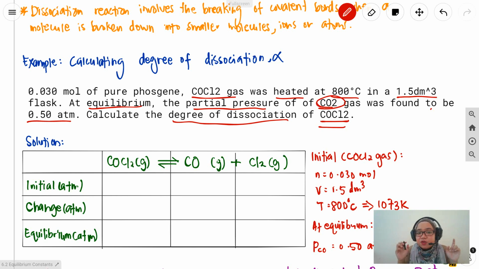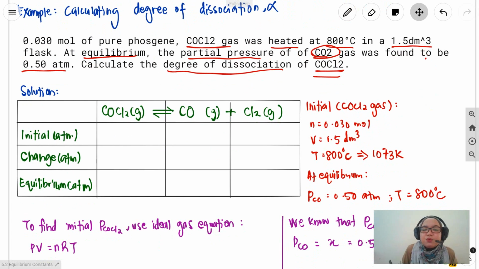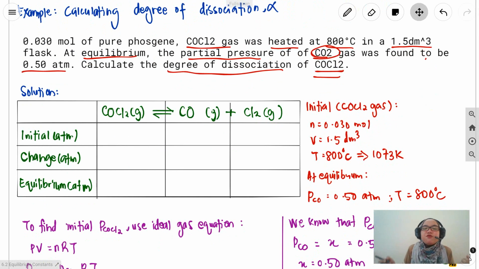Okay, first step, you need to write the balanced chemical equation. So COCl2 decomposes into CO gas and Cl2 gas, carbon monoxide gas and chlorine gas. Then you put the initial, change and equilibrium in terms of atm, because now we talk about partial pressure. Next, we extract the information from the passage beside the table.